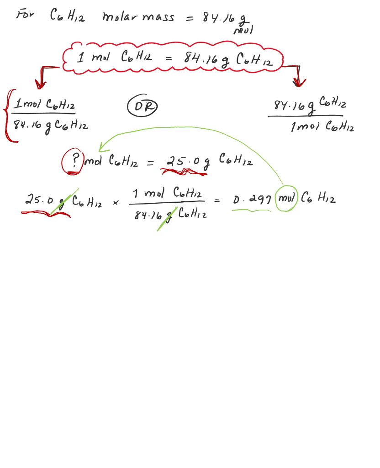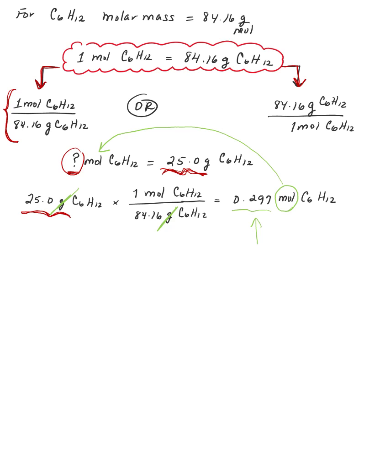So you should expect before doing your calculation to get a number that is smaller than 1. For you to have 1 mole, you need 84.16 grams. Now, if you have only 25 grams, the number of moles that you actually have is this 0.297, smaller than 1. So that's a number that actually makes sense.